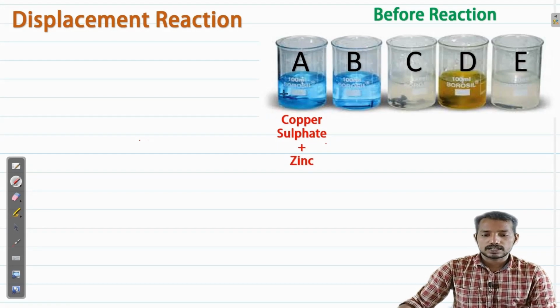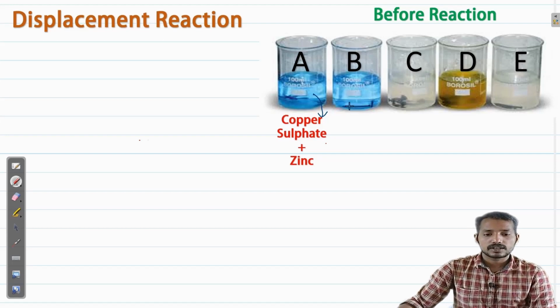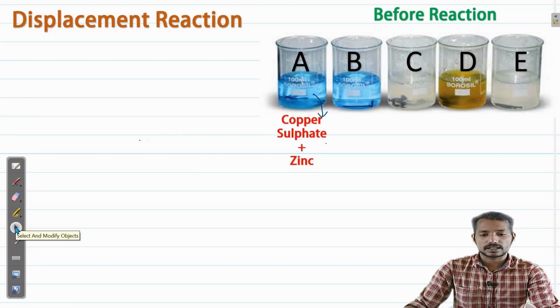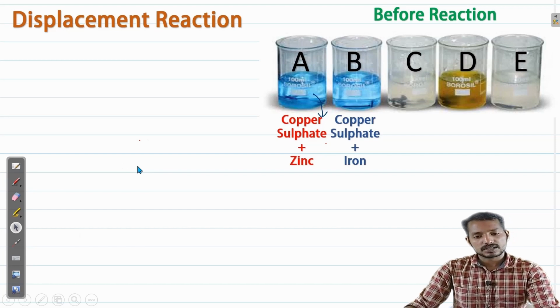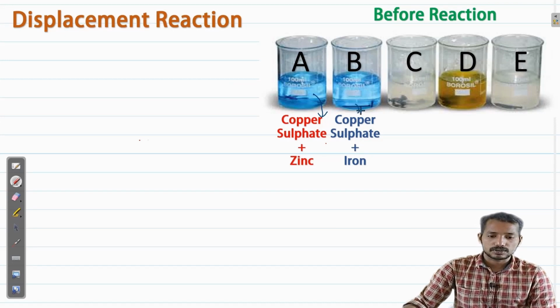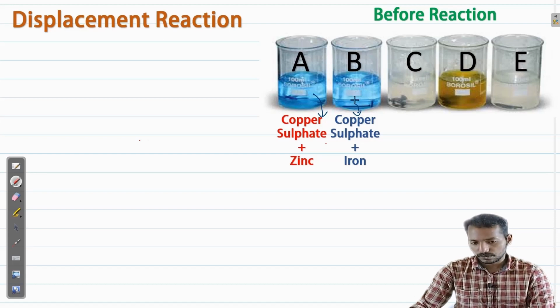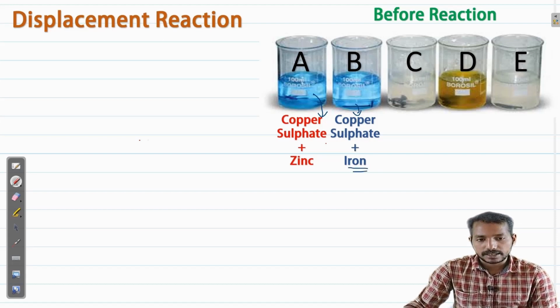This blue color solution is copper sulfate and we put some zinc pellets. In the next beaker we have taken again copper sulfate and iron. The color is again blue, as it is copper sulfate. And we have put some iron nails.